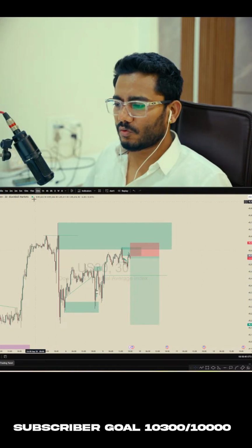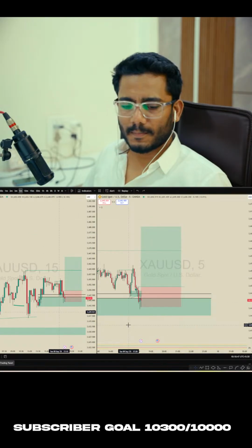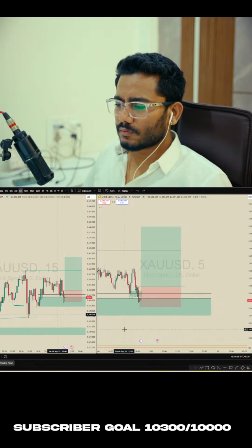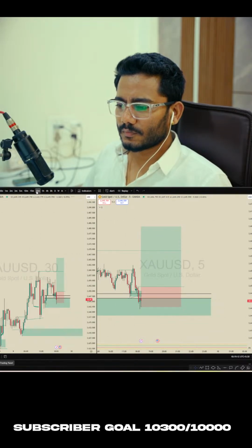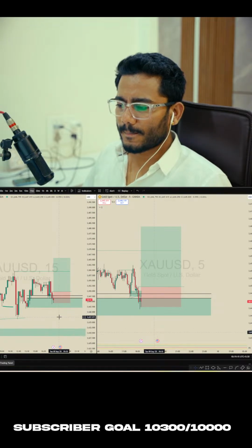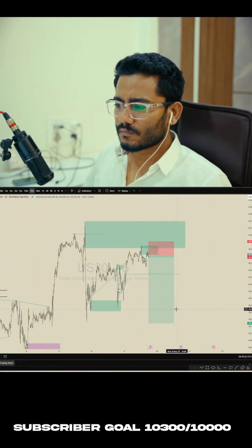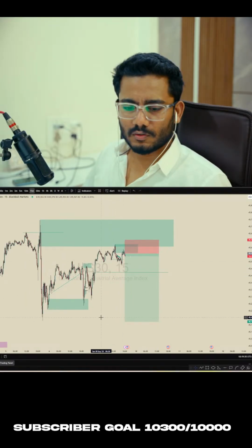Keep the risk low. Enter with 0.5% risk only. Don't risk too much.